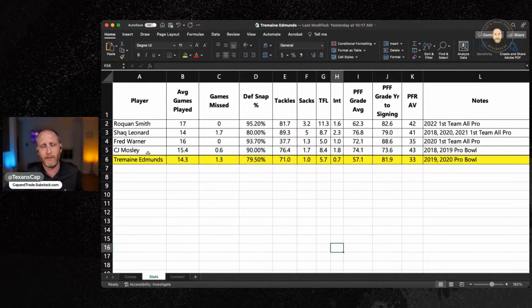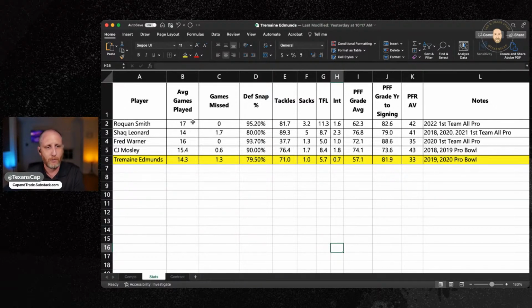CJ Mosley, 2019 back to 2017. And we just try to get a gauge of how those players performed in that 3-year period. We don't really want to look at their performance after they signed the contract. We want to look at what we're looking at on Tremaine Edmunds, his performance the last few years leading up to this point of potentially signing the contract.